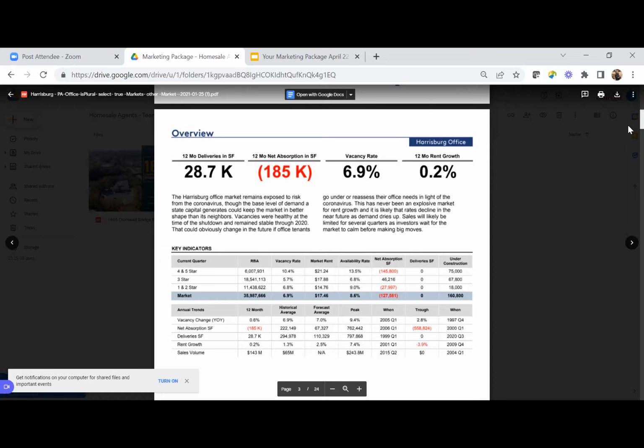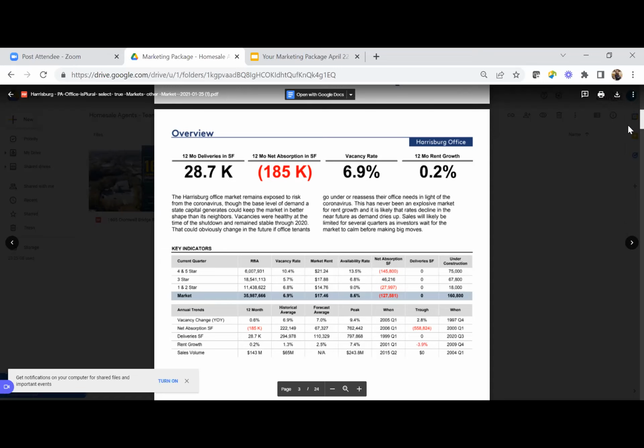Okay. Vacancy rate 6.9. I'm sure you all know what a vacancy rate is. It's the ratio of the property that is not income producing. And then 12-month rent growth, 0.2%. Not the greatest. See the sales volume, 143 million.